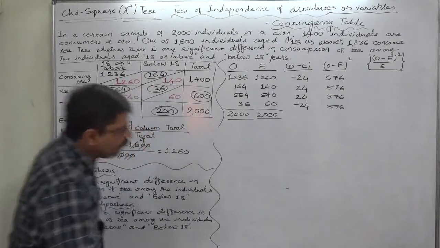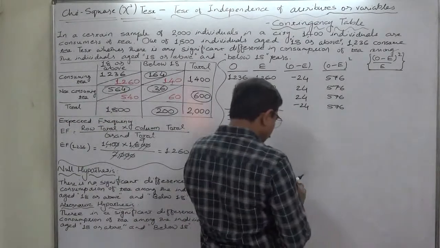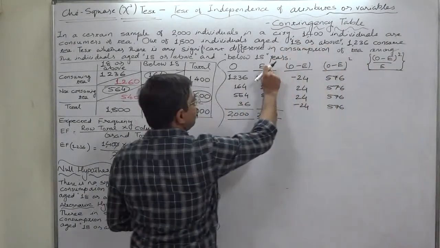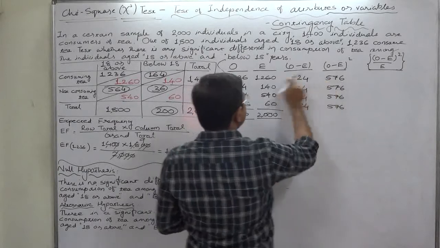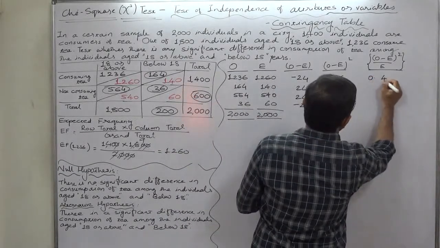Now somewhat technical. Try to use the calculator efficiently. O minus E the whole square divided by E. 576 divided by 1260 comes to 0.457.